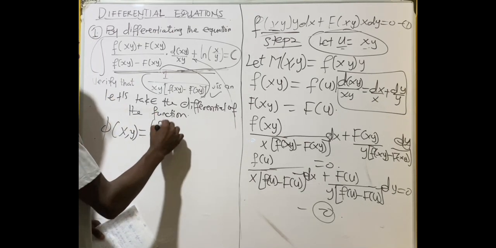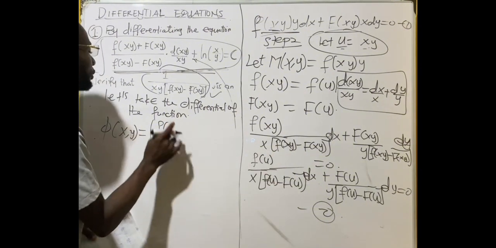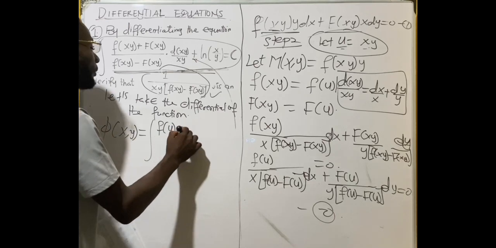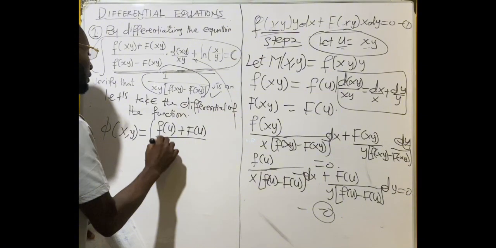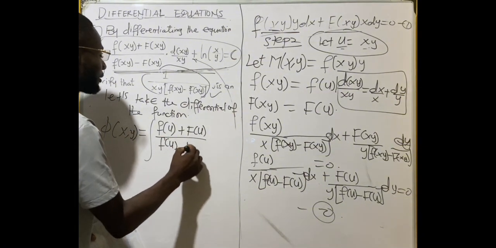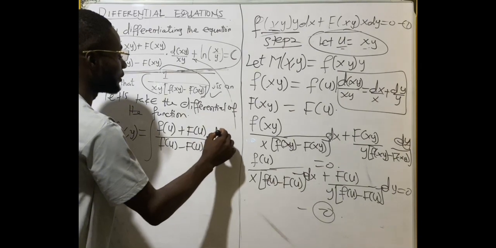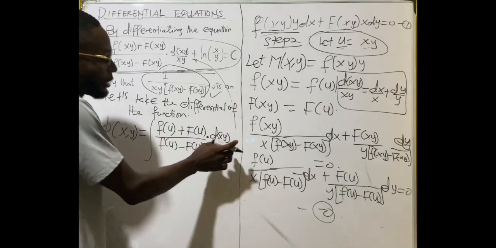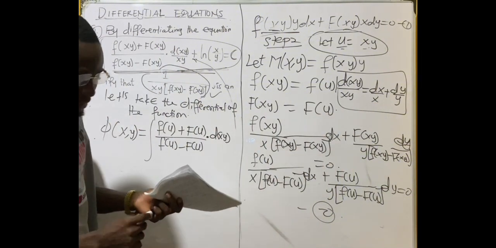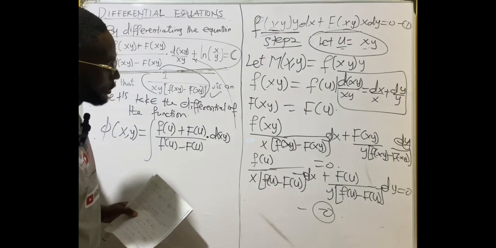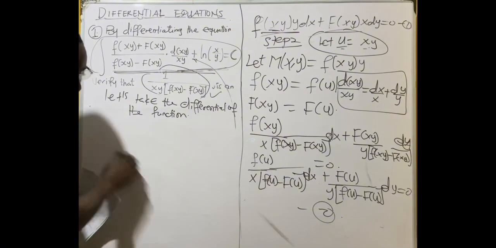integral f of xy. Already we say that this should be u, right? So f of u plus F of u over f of u minus F of u times dxy. I wanted to substitute that straightforward, but there is no... right. Let's try to minimize this so that we can write that straightforward, right?